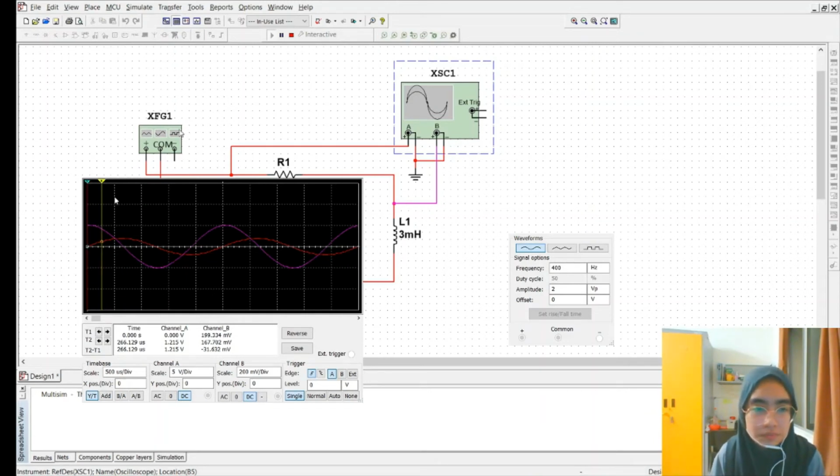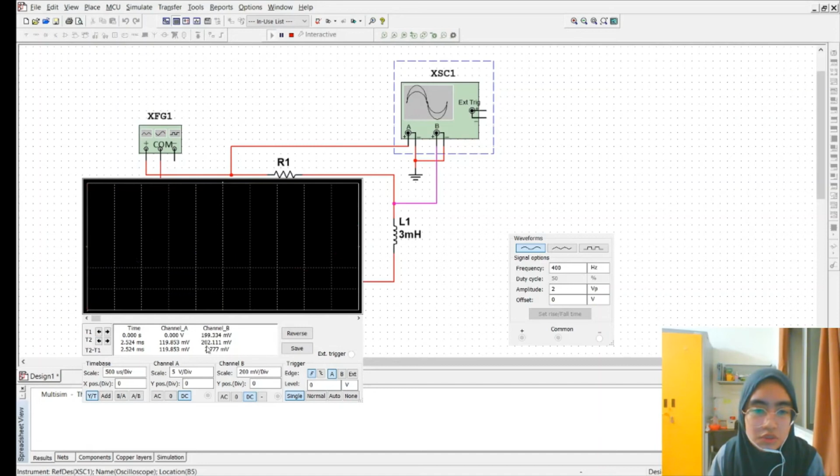So first we select a trace at channel B. Okay, and we set the value to Y max, go to the next Y max. And then we read the reading at the T2 channel B, because I'm using the T2 cursor.